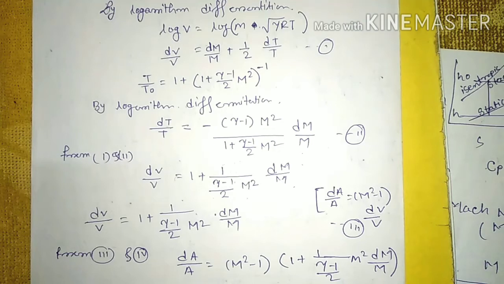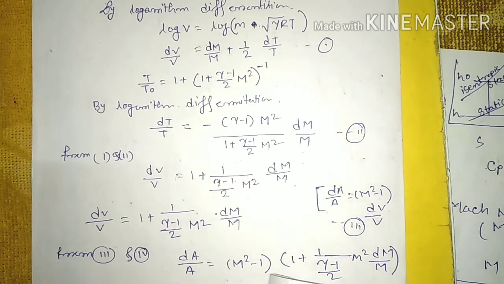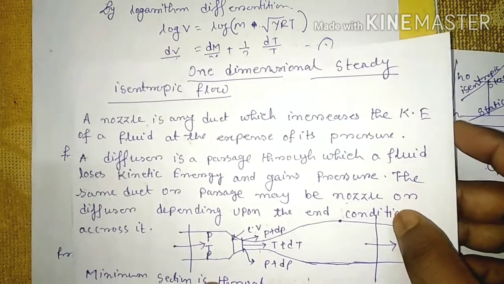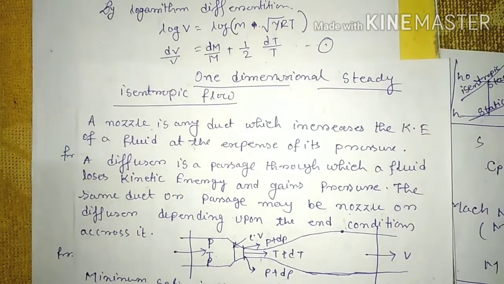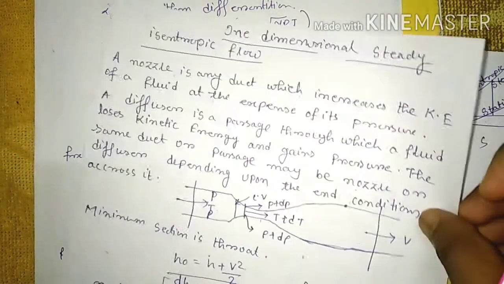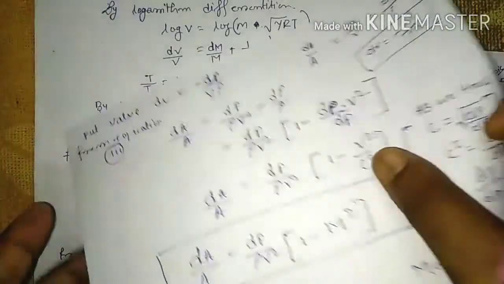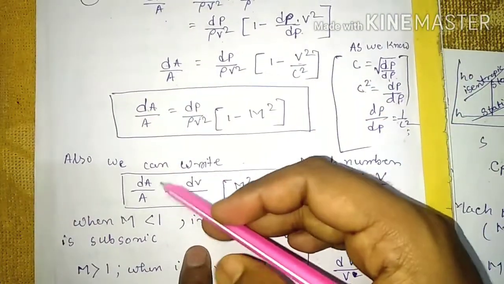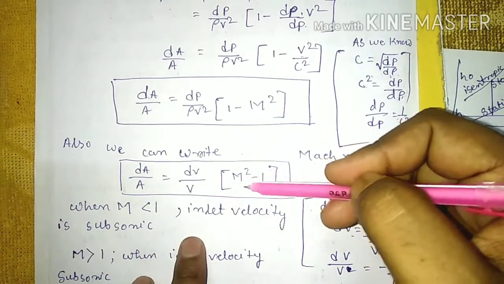We already proved this expression for one-dimensional steady isentropic flow, that dA by A is equal to dV by V into M square minus 1.